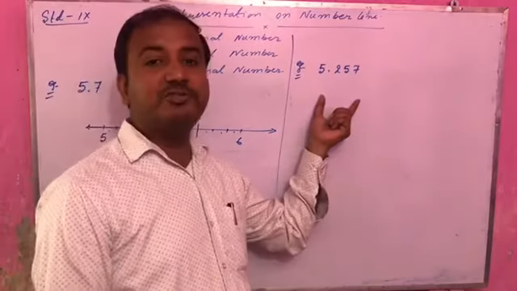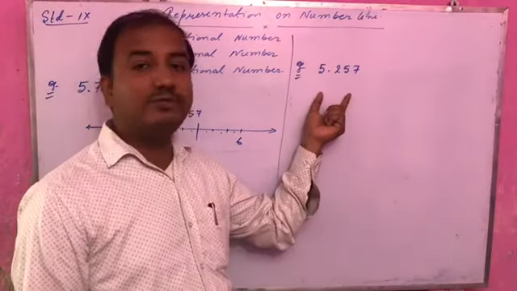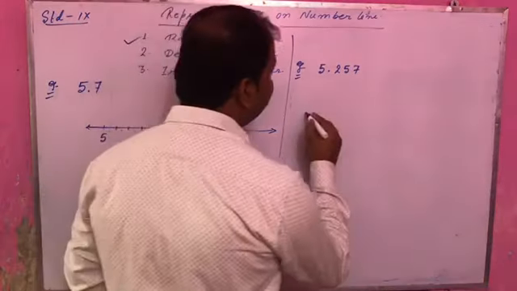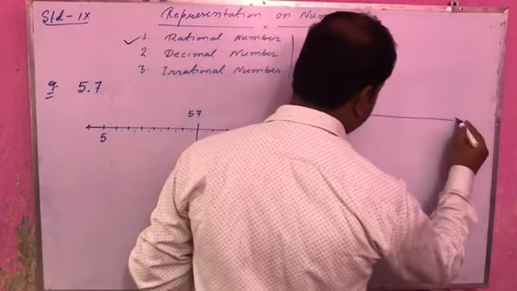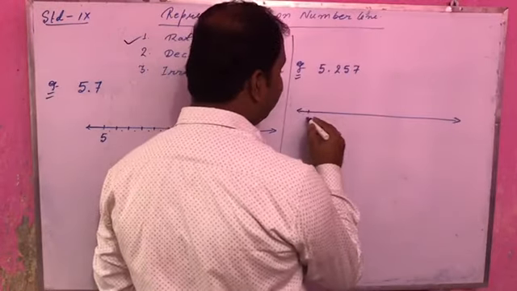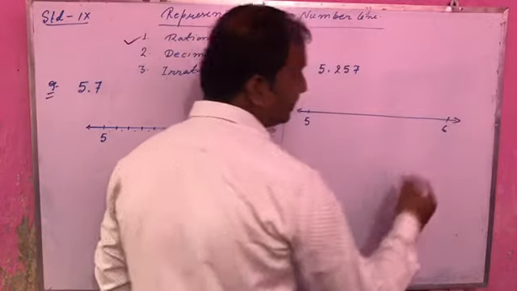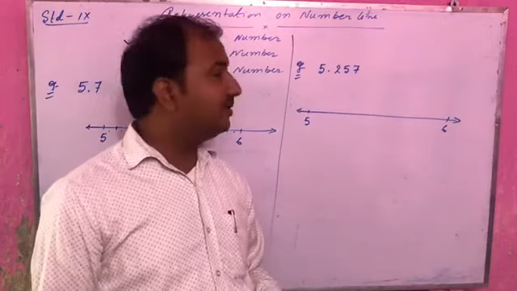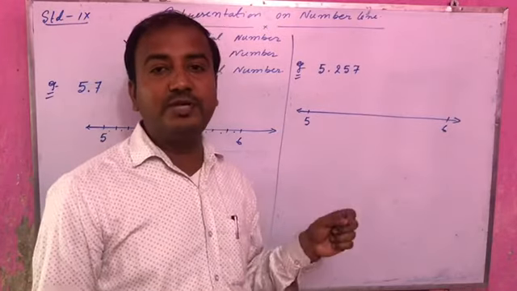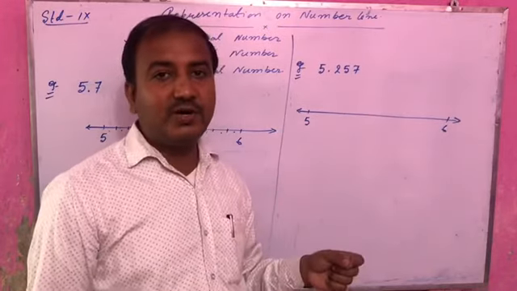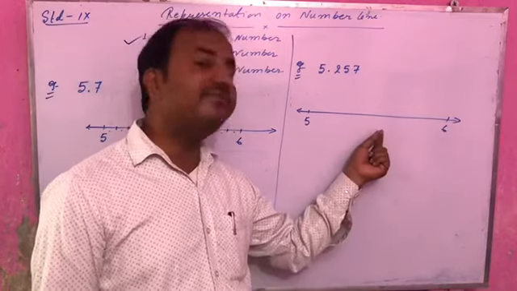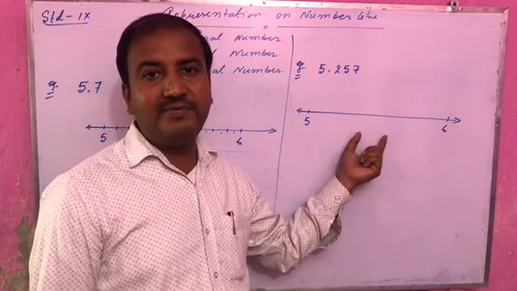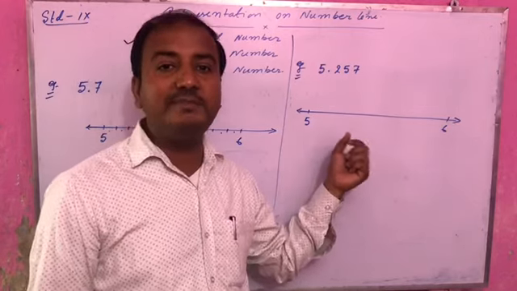Sir, this can also be written as P by Q form. And we know this will lie between 5 and 6. But if you represent directly, the distance between 5 and 6 will be divided into how many parts?